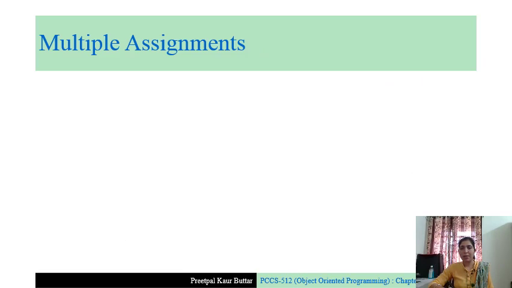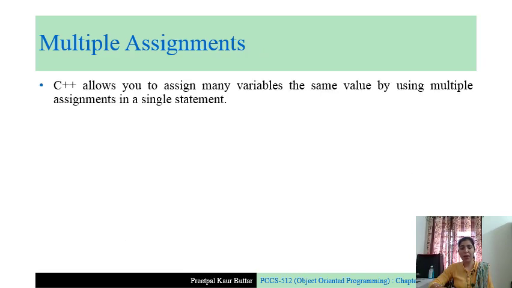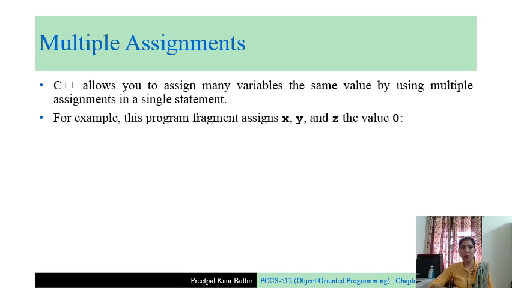Multiple assignments. You can merge multiple assignments into a single statement. C++ allows you to assign many variables the same value by using multiple assignments in a single statement. How can we do this? For example, you want to assign x, y and z the value 0. Normally you will write x equal to 0, then y equal to 0, then z equal to 0.